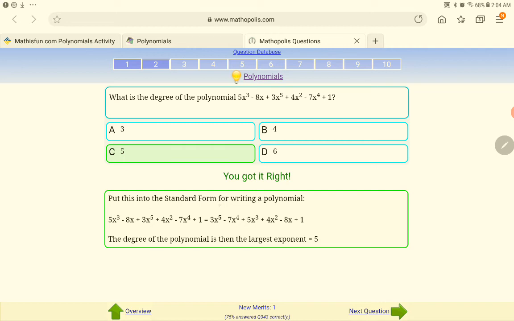Put this in standard form, or general form, I'm going to say, for writing a polynomial. Oh, okay, here's our equal sign. So we were given it like this, and if you reorder it to get into general form, you do an equal sign, and then the highest degree was the 5, and then there was a degree of 4, and then a degree of 3, and then a degree of 2, exponent of 1, exponent of 0, your constant at the end.